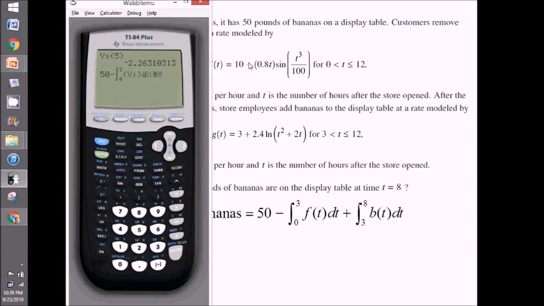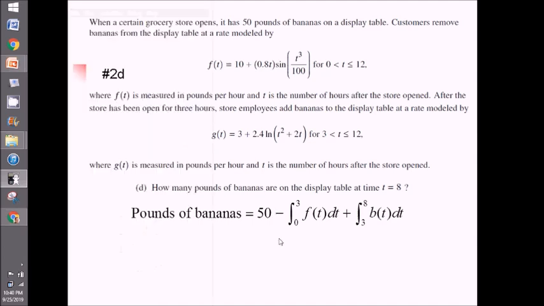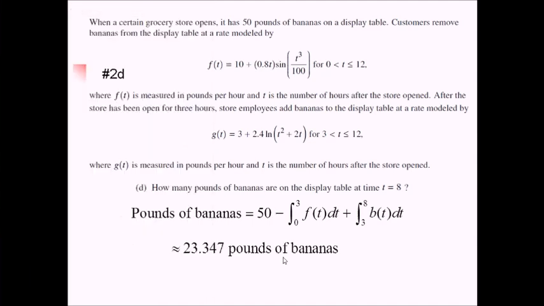And then to that, I'm going to add an integral, so another math 9, from 3 to 8 of, well, this time I need the b of t function that I stored in y3, so alpha trace and then y3 out of that menu with a dx at the end, and press enter and hope for the best. So that's 23.347, and that is pounds of bananas.